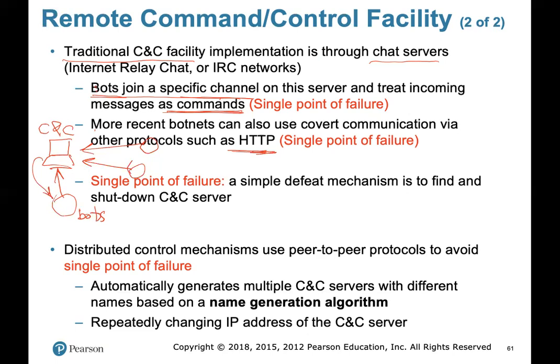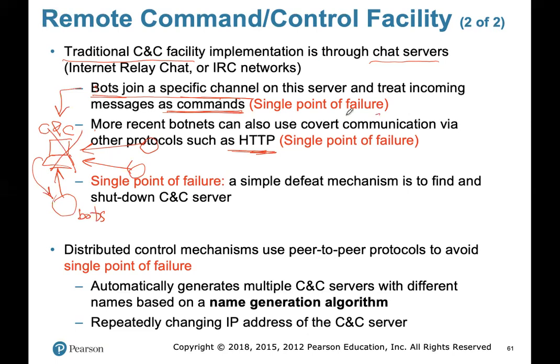The problem is that in that case, if I'm a security engineer, a defender, what I just need to do is to detect or find the CNC server and shut it down. In that case, there wouldn't be any more communication between the server and the bots, and the bots, those which are not in the payload part, may just stay and do nothing.